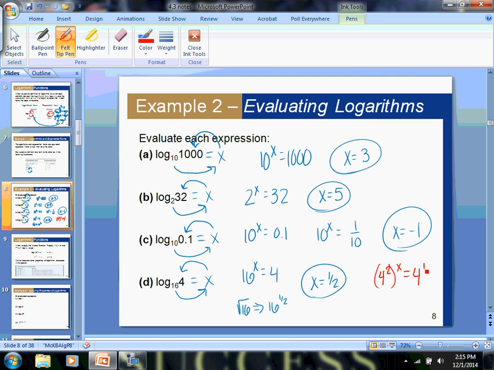And then when you have a power to a power, you multiply. And then once the bases are the same, you can cancel them out and just set the exponents equal to each other. And then if you finish solving that, you'll get x equals 1/2. So you can still do that. You can still think through these problems algebraically, but hopefully they're straightforward enough that you can use mental math on them as well.